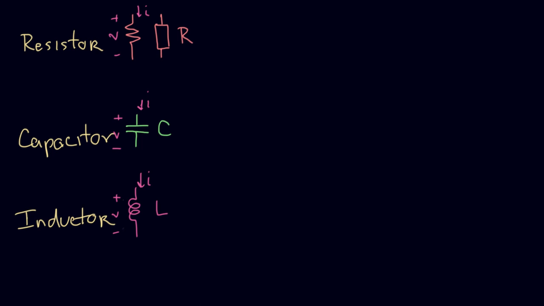All right, so let's go back to our resistor, and we're going to do the equation for a resistor. What is the IV equation for a resistor? IV equation means what relates current to voltage. And for a resistor, it's V equals I times R. So the voltage across a resistor is equal to the current through the resistor times this constant of proportionality that we call the resistance.